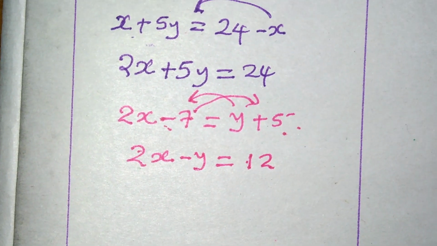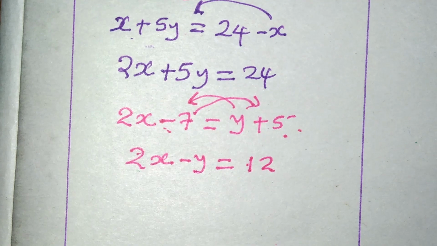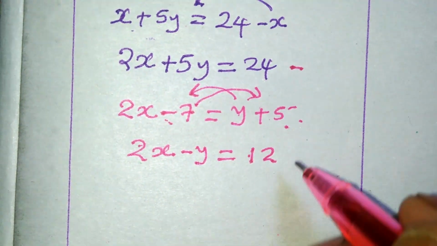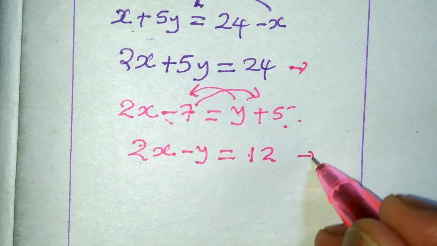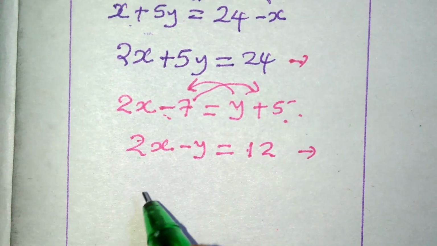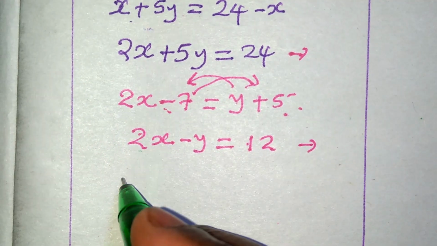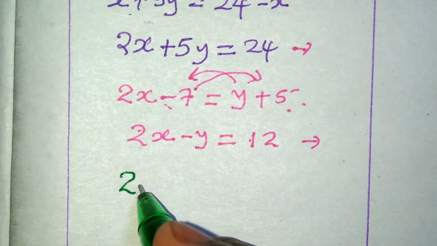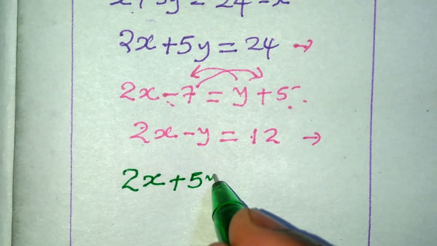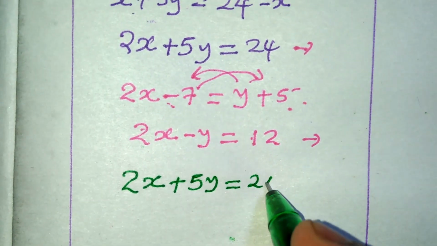Now here we have two different equations to work with. This is one of them, and this is another. To solve this, let's bring the equations together. 2x plus 5y is equal to 24.